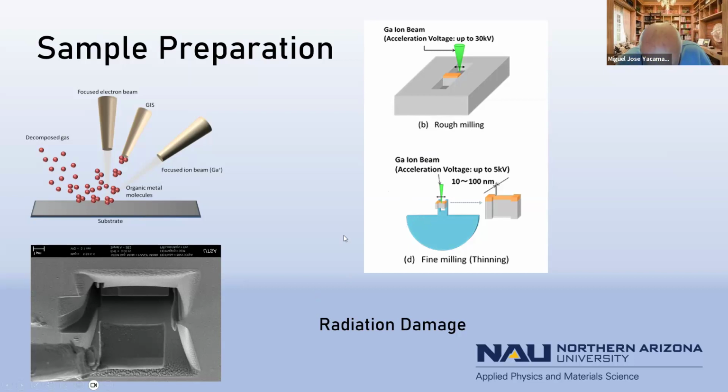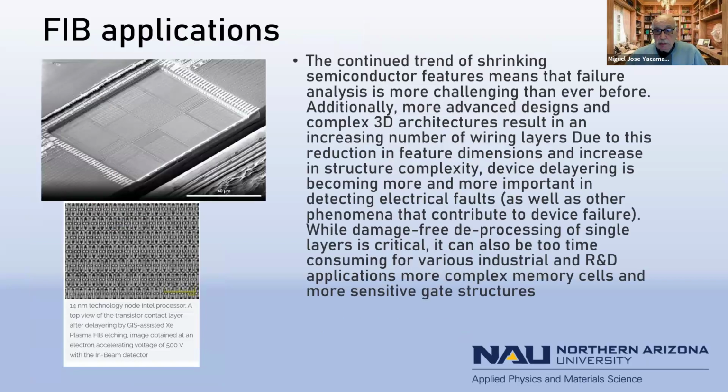The problem with that is that you introduce a lot of radiation damage in the surface, and the people clean the surface afterwards. However, there are still ions of gallium that go inside the semiconductor. So sometimes you are not very sure if you are seeing things that are related to the radiation damage.